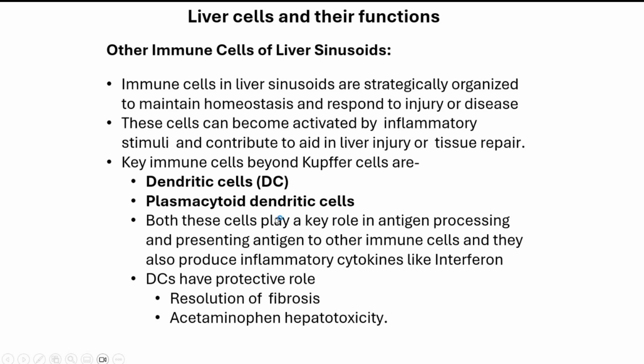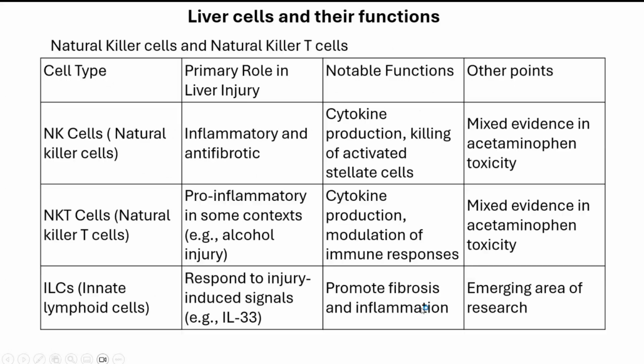Both play a key role in antigen processing and presenting antigen to other immune cells, and they also produce inflammatory cytokines like interferon. Dendritic cells have a protective role in the resolution of fibrosis and acetaminophen hepatotoxicity.